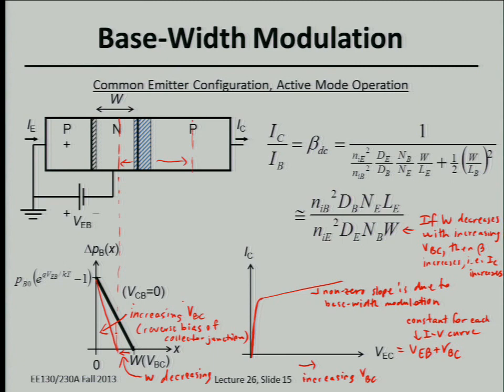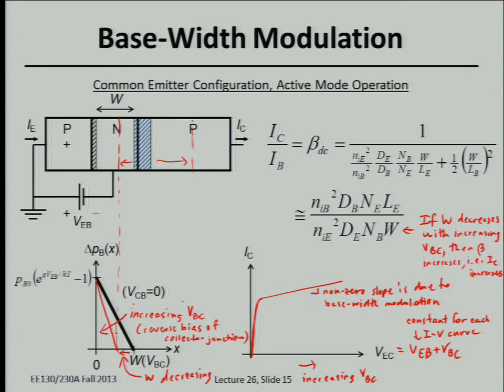So the gradient of the excess carrier concentration is steeper, and the diffusion current will get higher. As you increase the reverse bias on the collector junction, you decrease the width of the quasi-neutral base region and therefore increase the diffusion current being collected by the collector junction. That's a phenomenon called base width modulation.